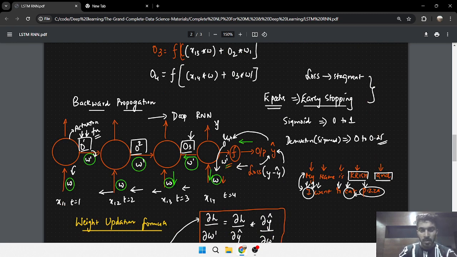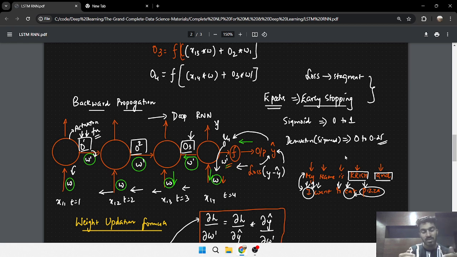Now in backward propagation, firstly we pass inputs the same way, and then we calculate the error, like what is our loss for this model at epoch 1. Then we tell the model, "We are getting this much error, so you have to adjust your weights according to this error so that the error will be minimized."